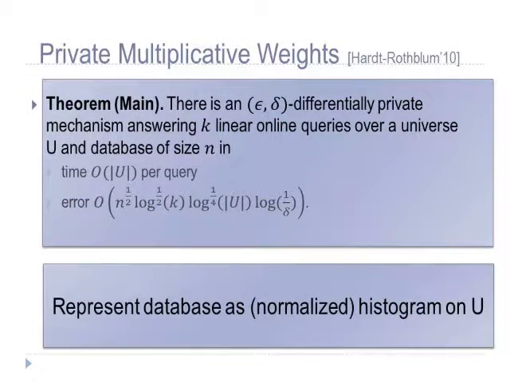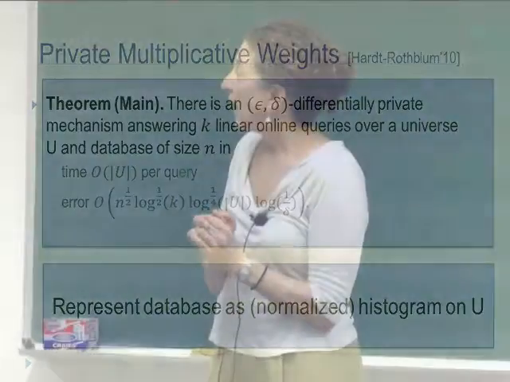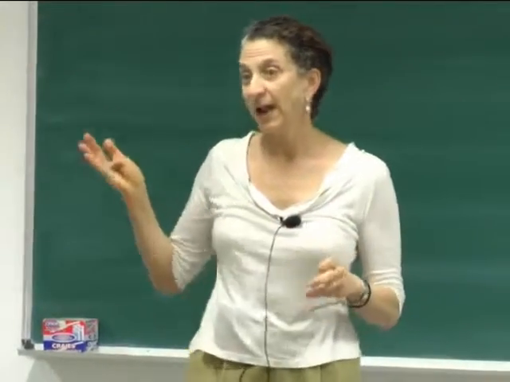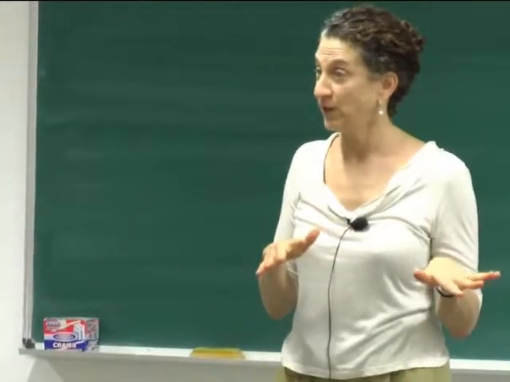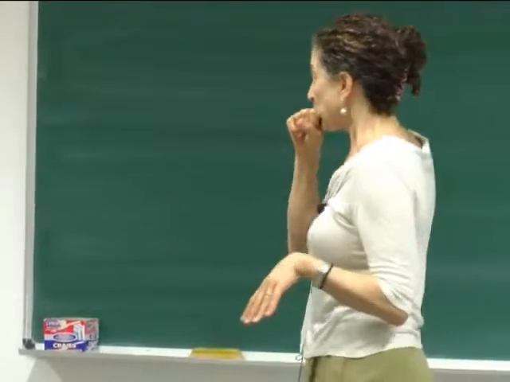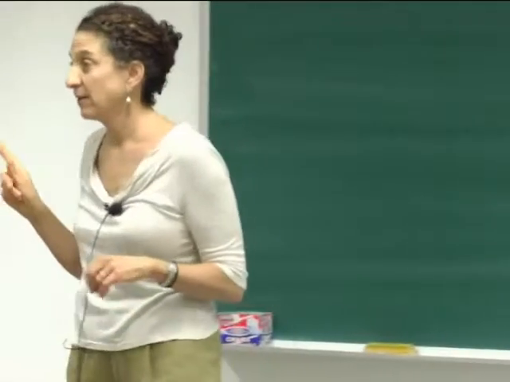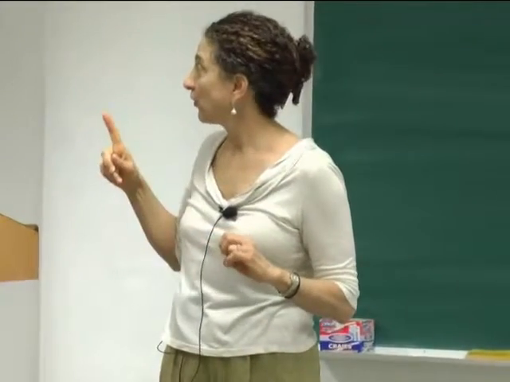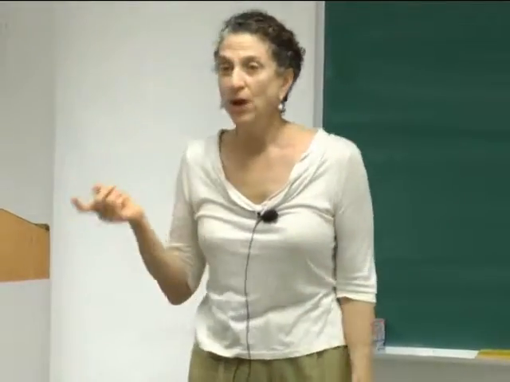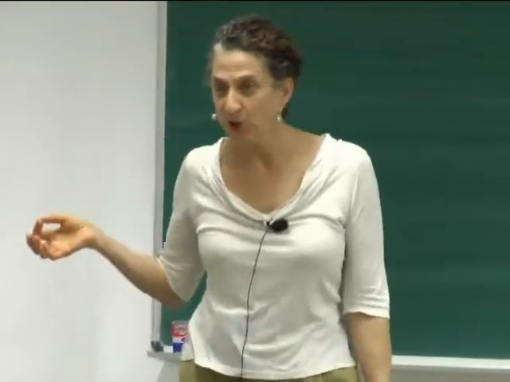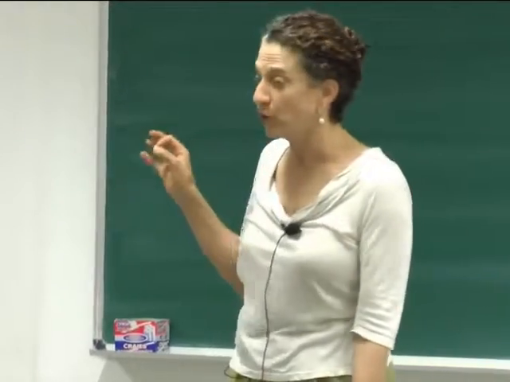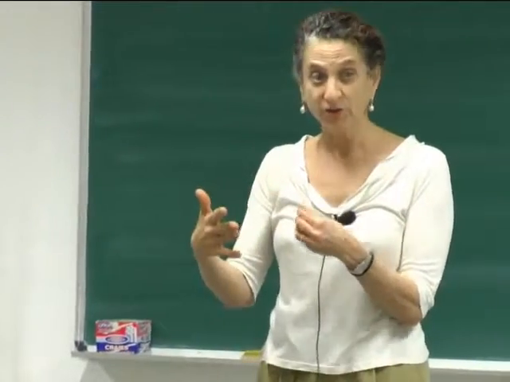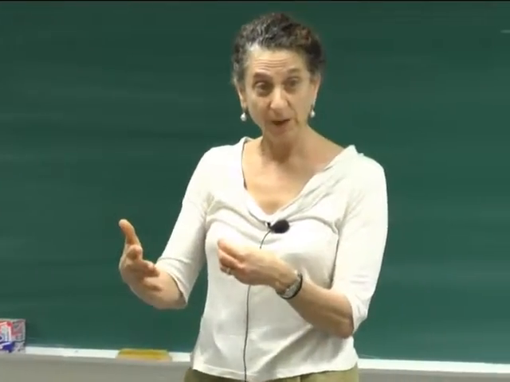Next algorithm. This, as it's going to be presented, is an application of the sparse vector technique. The theorem is that you can answer a whole lot of, let's say, counting queries, or slightly more generally, linear queries online, just like we did with sparse vector.